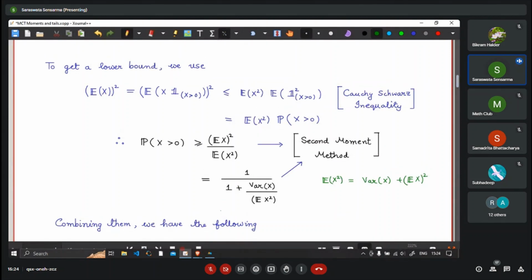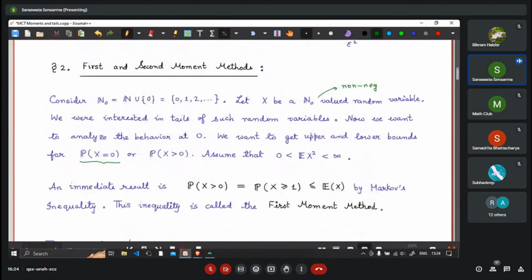By the way, one thing you might note, put it as a remark, is that in the second moment method, X positive was sufficient. Nowhere did we use that X is an integer valued random variable. However, in the first moment method, we did use it in this step, because we use Markov's inequality.